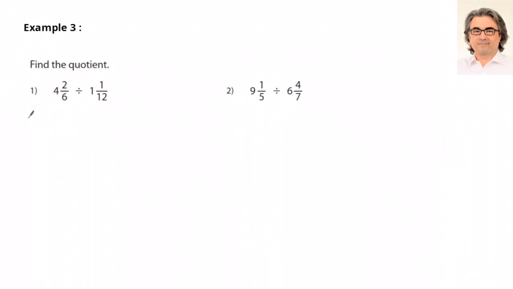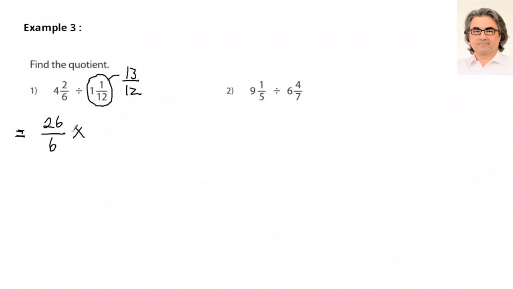Both are now mixed numbers. Change them into their improper form. 4 times 6 is 24. 24 plus 2 is 26 over 6 times. Now let's find its improper form. 1 times 12 is 12. 12 plus 1 is 13. 13 over 12.